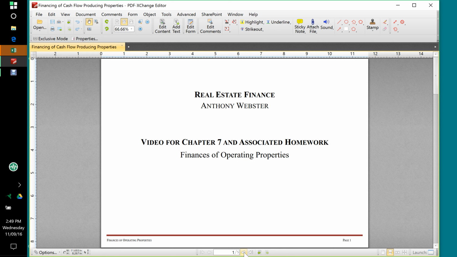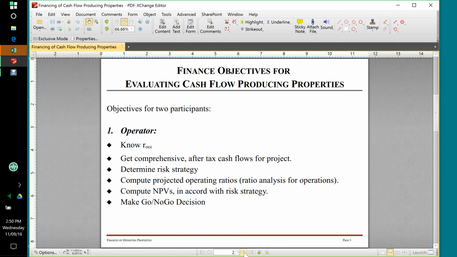I want to start with just a few things to emphasize before we jump right into stuff that will help you solve the Chapter 7 homework directly. In general, when we're evaluating cash flow producing properties, we're interested, of course, in the financial objectives for two sets of players.